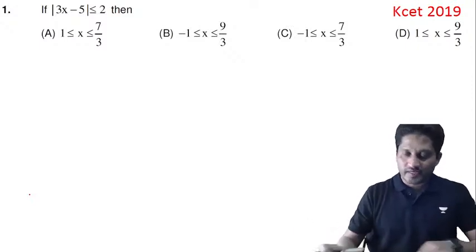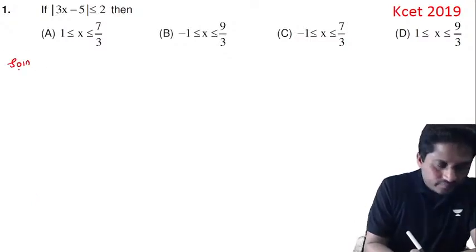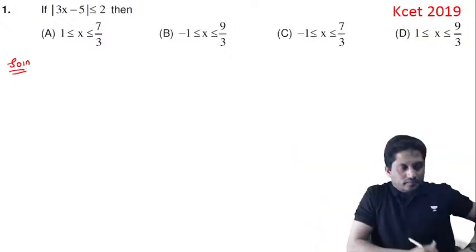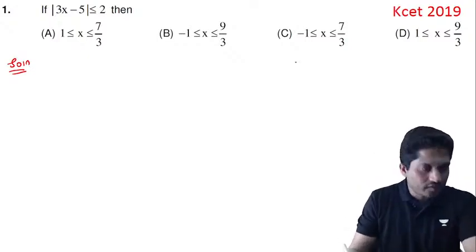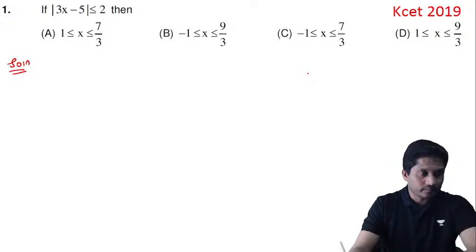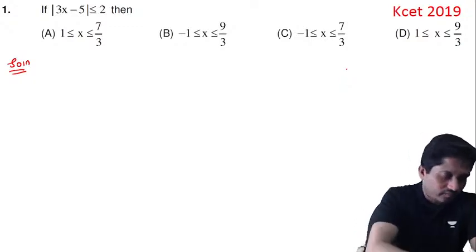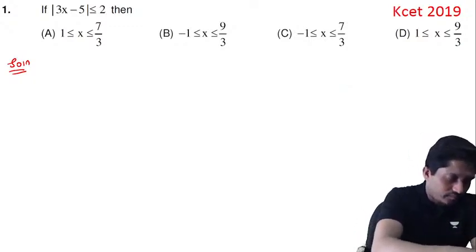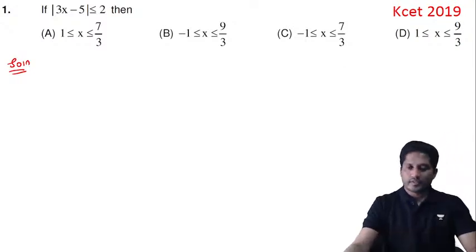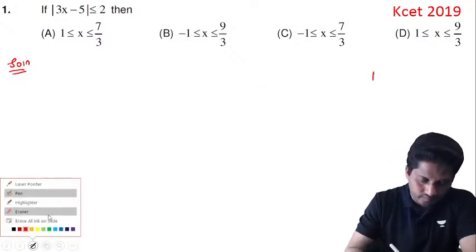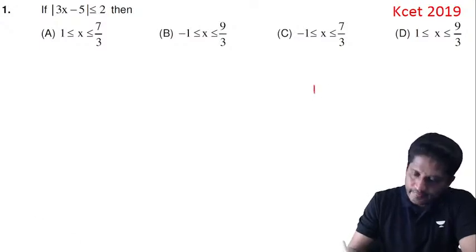Let us start with 2019 question number 1. When you have mod x less than or equal to a, you should write x is less than or equal to a and greater than or equal to minus a.